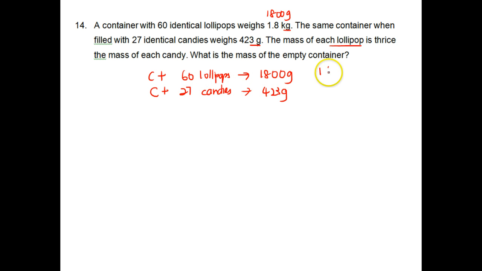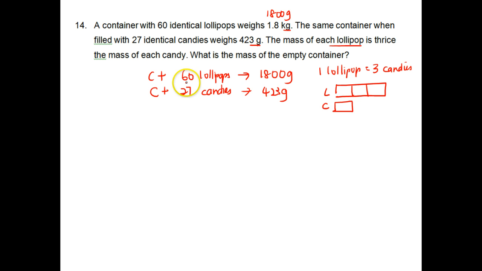So one lollipop is actually 3 candies. To help us see, we are going to draw the model. This is a lollipop, this is a candy.